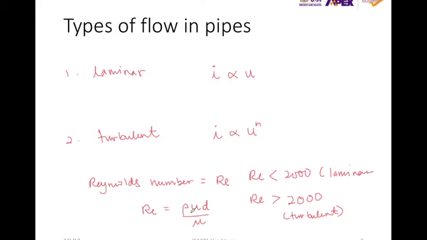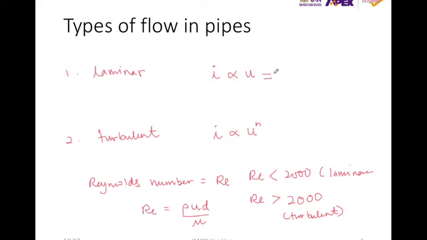So if we want to determine the hydraulic gradient, then we first need to determine whether the flow is laminar or turbulent using this equation. Once we determine that it is laminar, then we can use this relationship, but if it's turbulent, then we have to use this relationship.